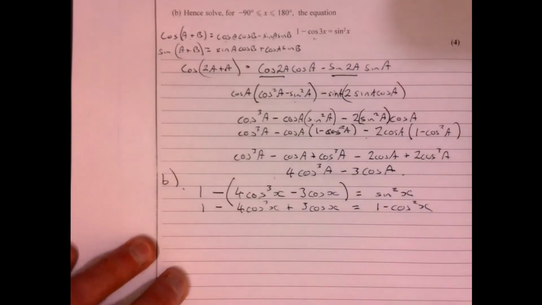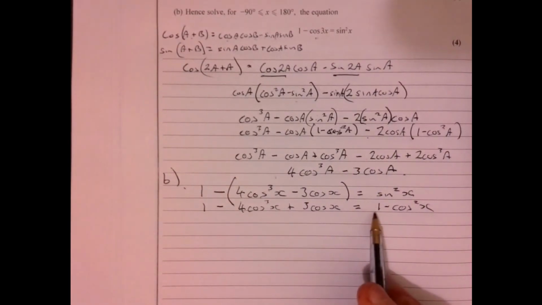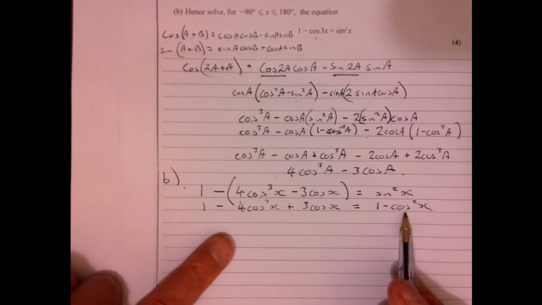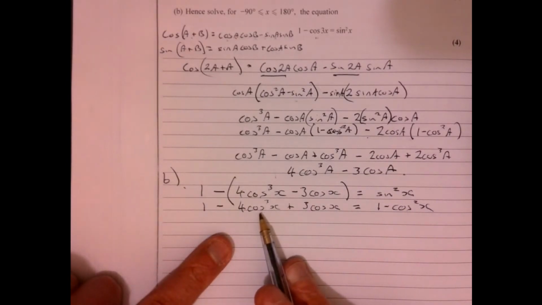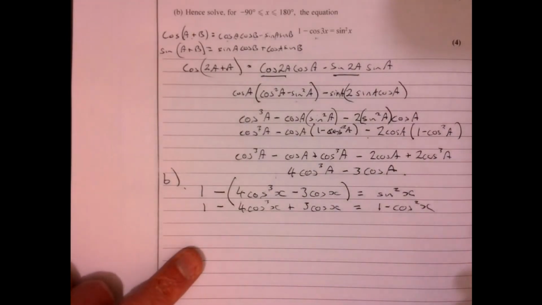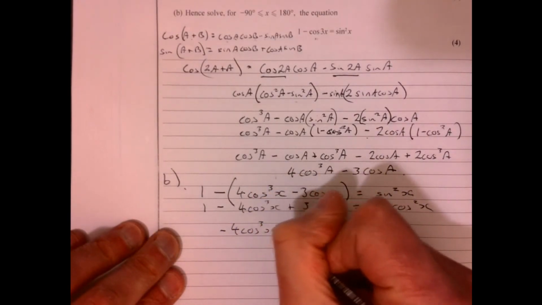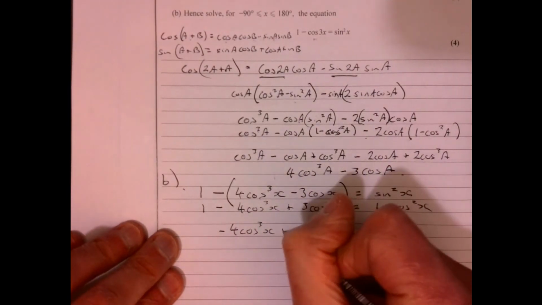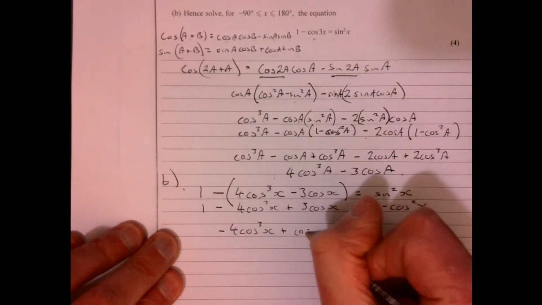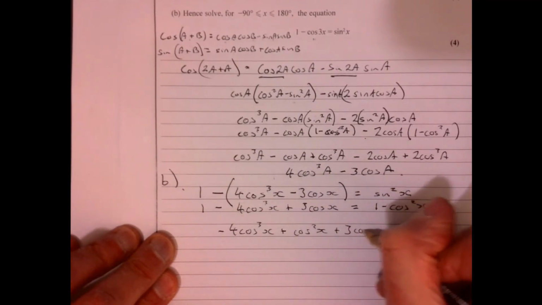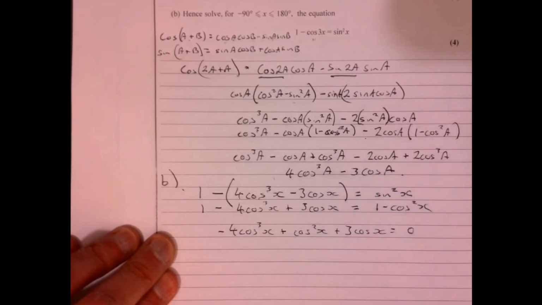Now we can take away the 1's from both sides, and add cos squared to both sides as well. It still looks a little bit horrible, but we've done the hard work, and that equals 0.